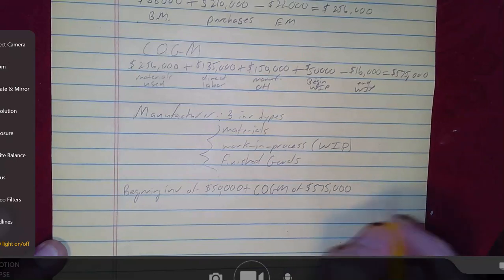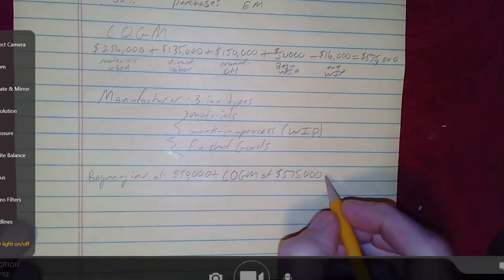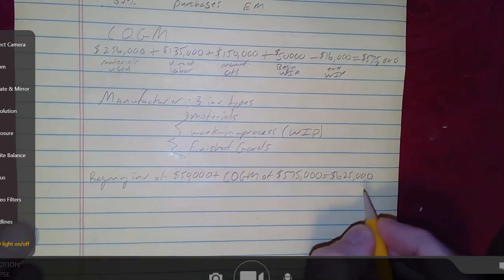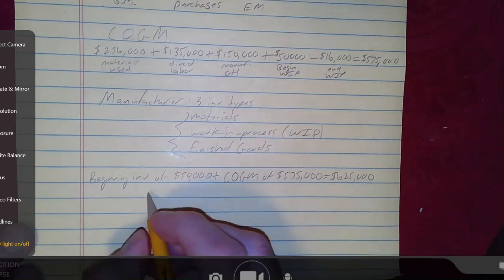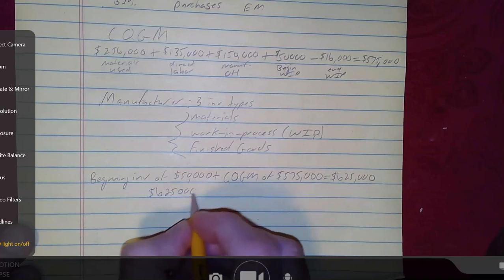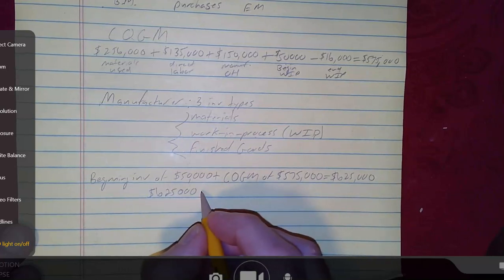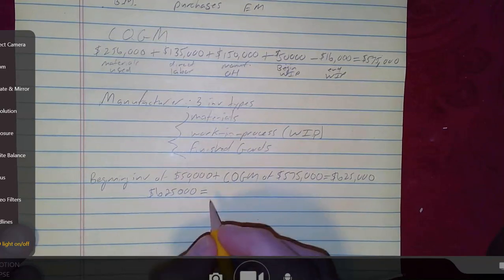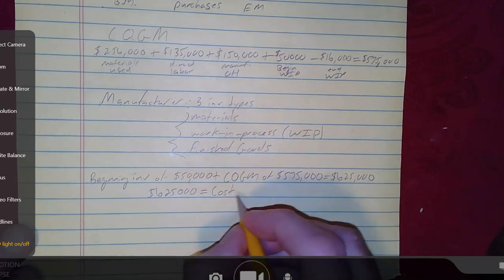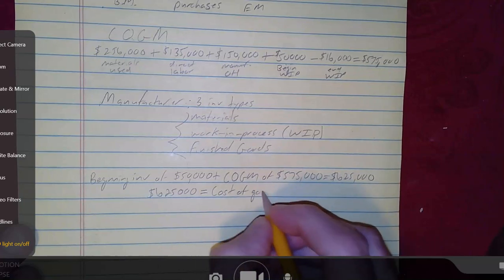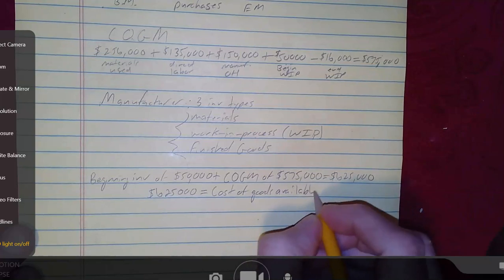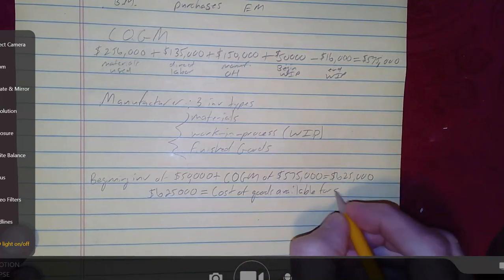I don't believe this was on the slide. That's going to equal $625,000. And you're thinking, well, yeah, I could probably do that in my head. But this is what I want you to understand. This $625,000 is, or in math terminology, equals what? Cost of goods available for sale.